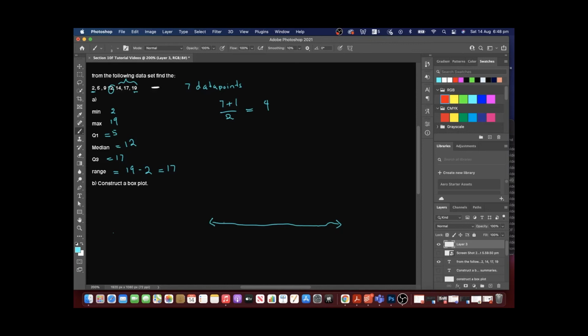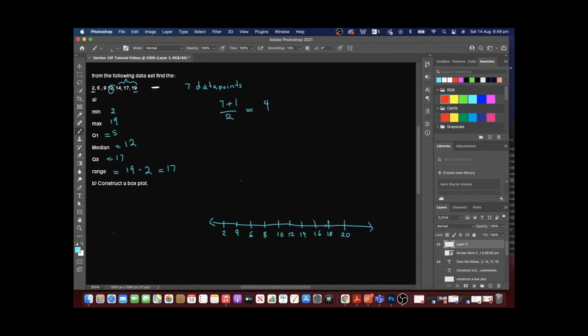So we could just go up by 2s. 10, 12, 14, 16. Have to extend this out. 18 and 20.